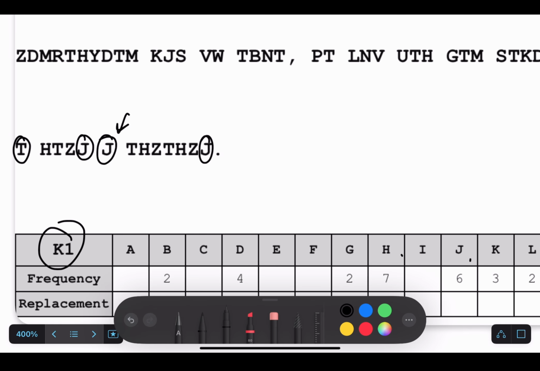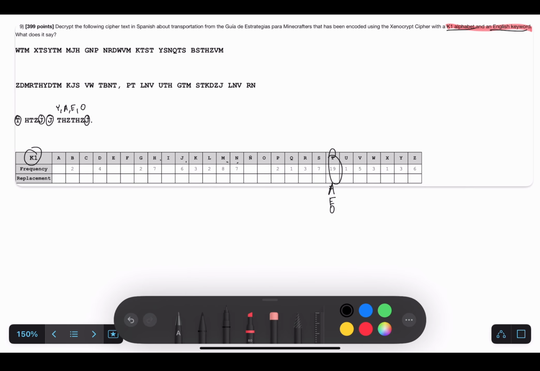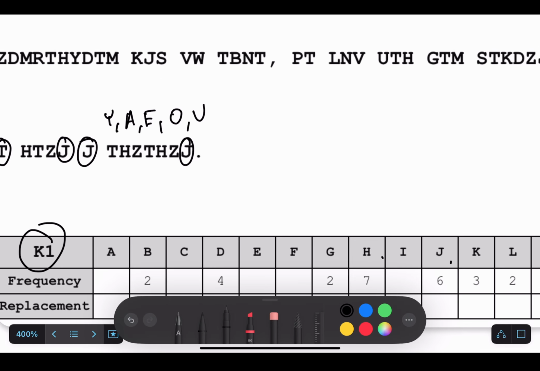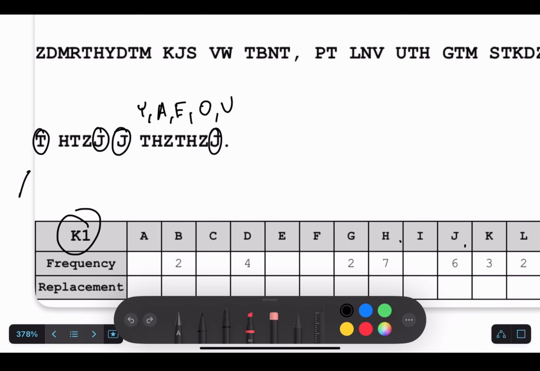So this tells me it must be like Y, A, E, O, and the last one being U. So that's what I already know from here. After that, I can tell that one of these must be A or O. I got that because T has a really high frequency, so that tells me T must most likely be A or O. And then also looking at this, it would give me that kind of conjunction of having this and that or that.